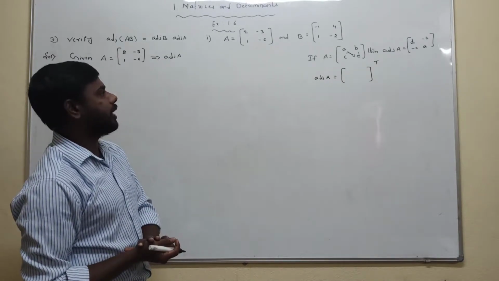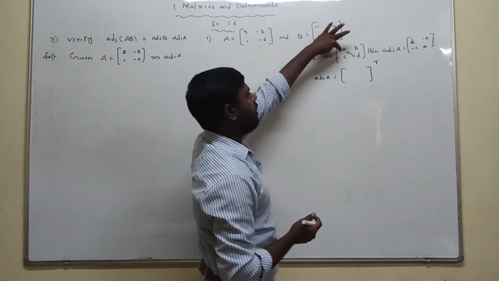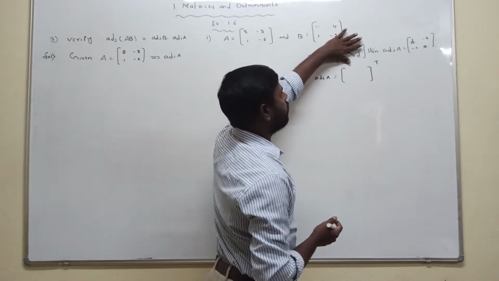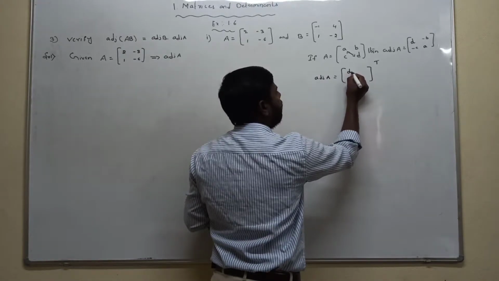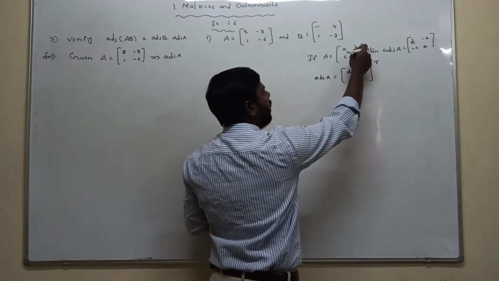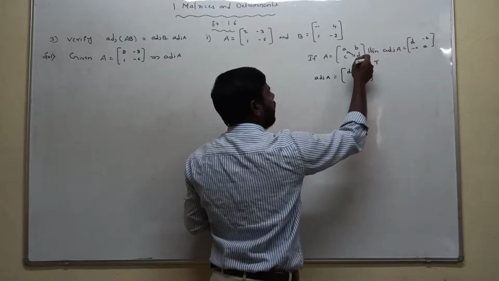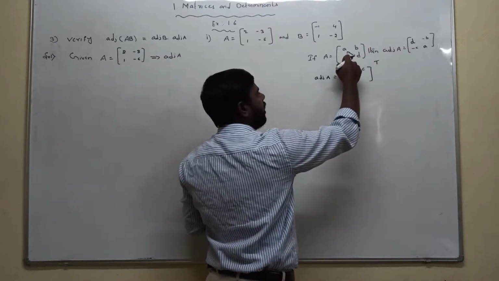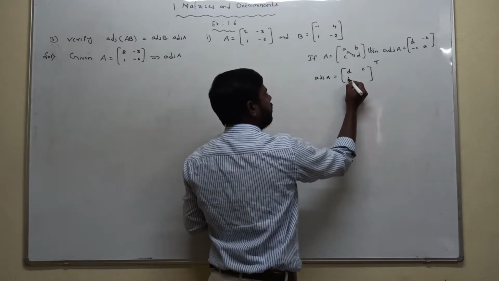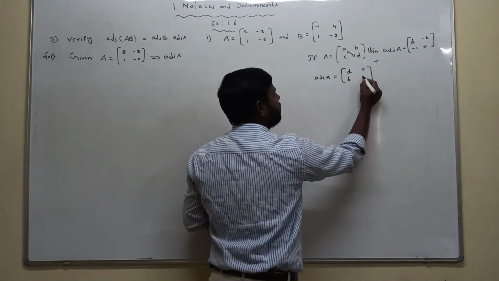First we take the cofactors. Whichever element we take, that particular row and column are eliminated. See what is left. For b, the first row and second column are eliminated, so the left element is c. Next, for c, the left element is d. For d, the left element is a.